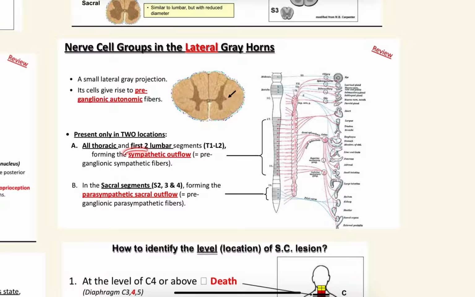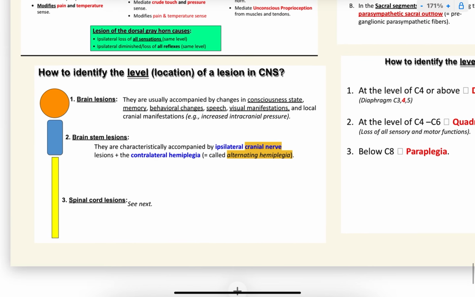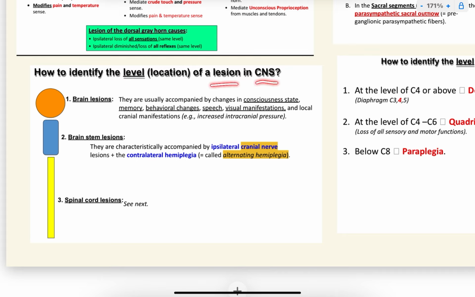They form sympathetic outflow. It's preganglionic sympathetic. Whereas the sacral S2, 3, 4, they form parasympathetic sacral outflow. Okay, so known as all thoracic and first lumbar. So all the thoracic from T1 until L2 is sympathetic. Sacral is parasympathetic.